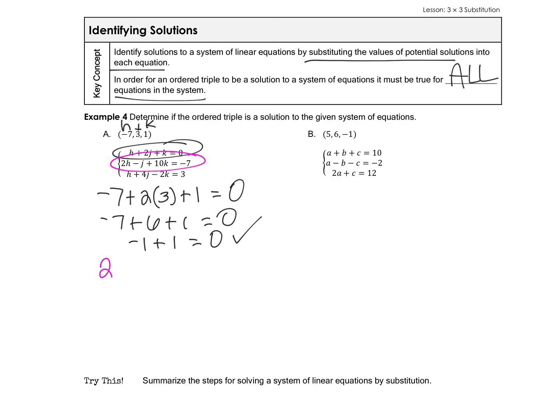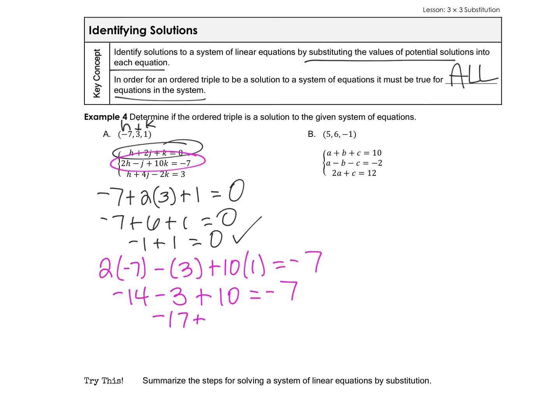So I would have a 2 instead of H, -7, minus J is 3, plus 10 times 1 equals -7. That's -14 minus 3 plus 10 is a -7. Working left to right, that's -17 plus 10, which does equal -7.